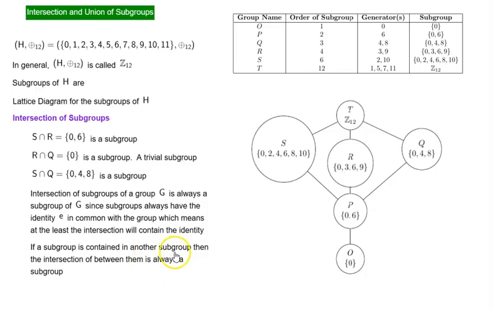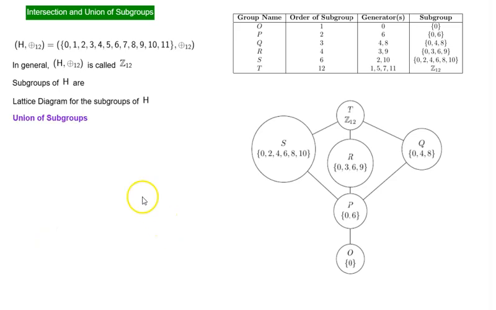If a subgroup is contained in another subgroup, then the intersection between them is always a subgroup. So here, this is a subgroup which is entirely contained in S. Then their intersection naturally will be a subgroup. So that was the intersection of subgroups.